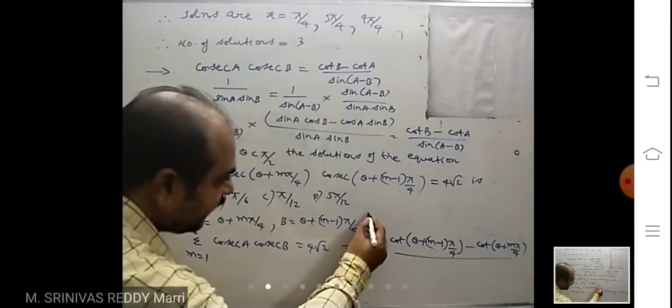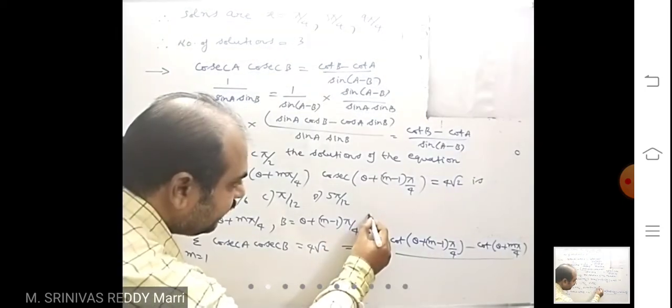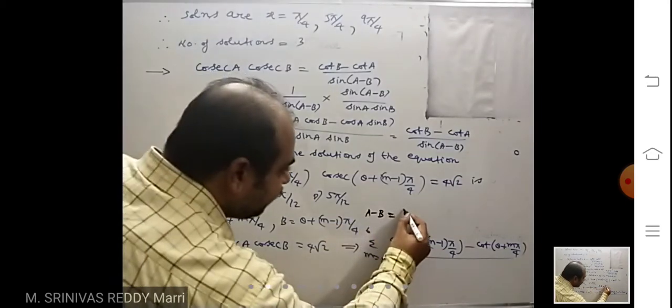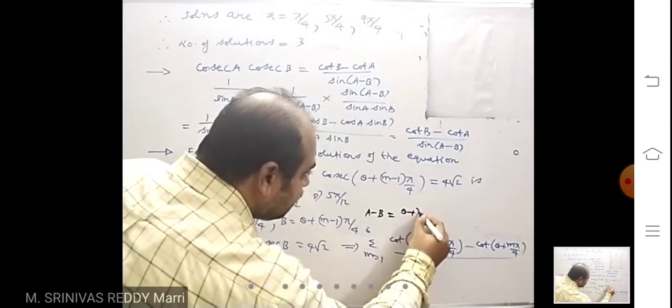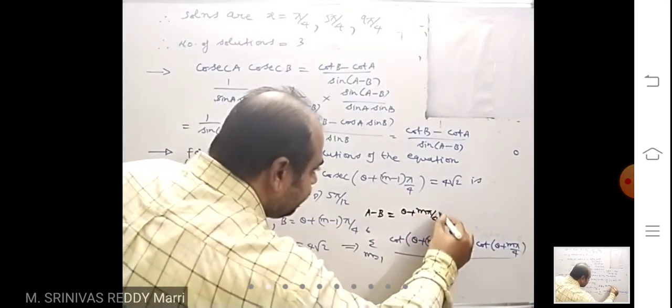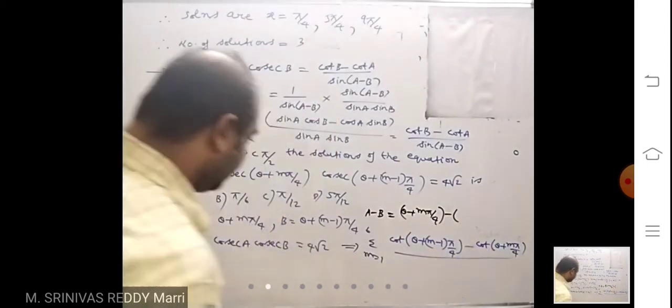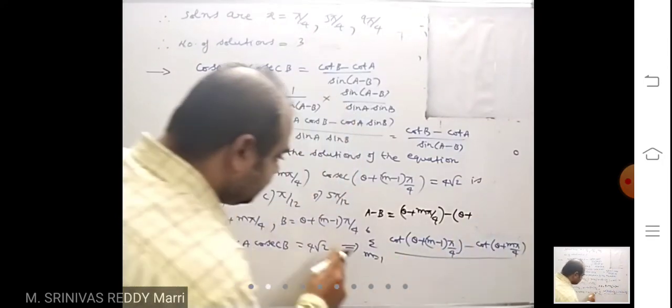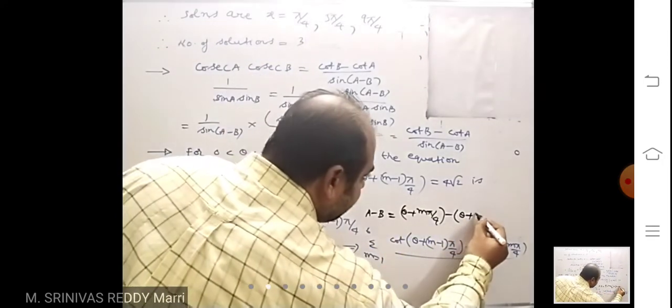Look here, I will calculate A minus B. A minus B is theta plus m pi by 4 minus, look at this one, theta plus m minus 1 pi by 4.